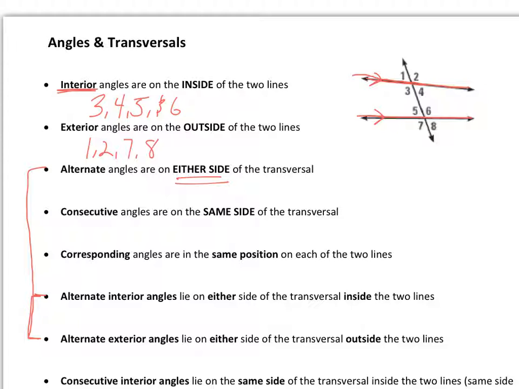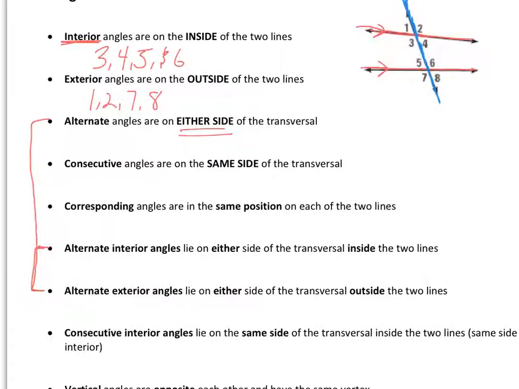Those, if you cheat and look below, are called consecutive angles. But alternate angles are on the opposite side of the transversal. I'm going to draw in blue. There you go. So the transversal is the line in blue. Basically, it cuts my two red lines, not in half, but it just slices them right where it goes through. So there's my transversal. Alternate interiors are on either side of that blue line. And there's a couple of them.